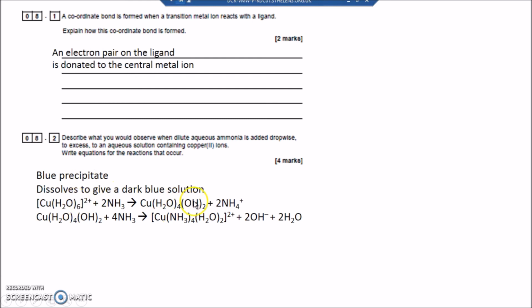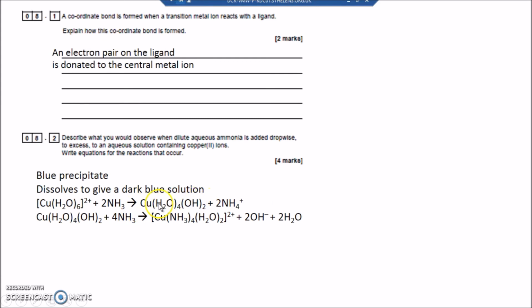So 2 of the waters have become OH with no charge, and therefore the 2 H's from the H2O, as H2O has formed OH twice, then the 2 H pluses have reacted to form 2 NH4 plus, and the charge is balanced.